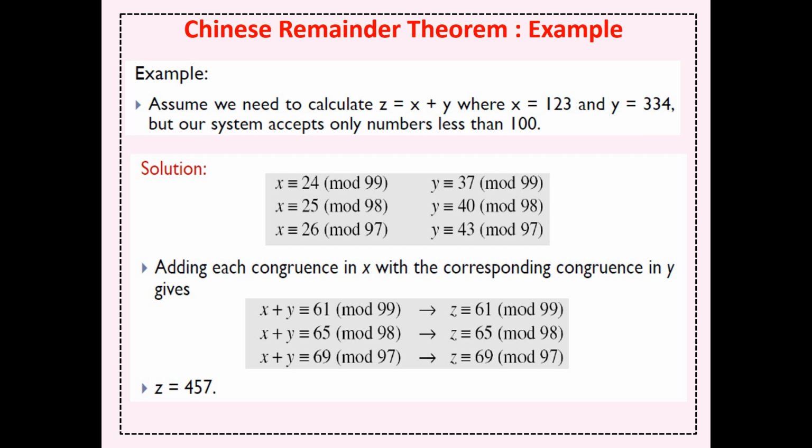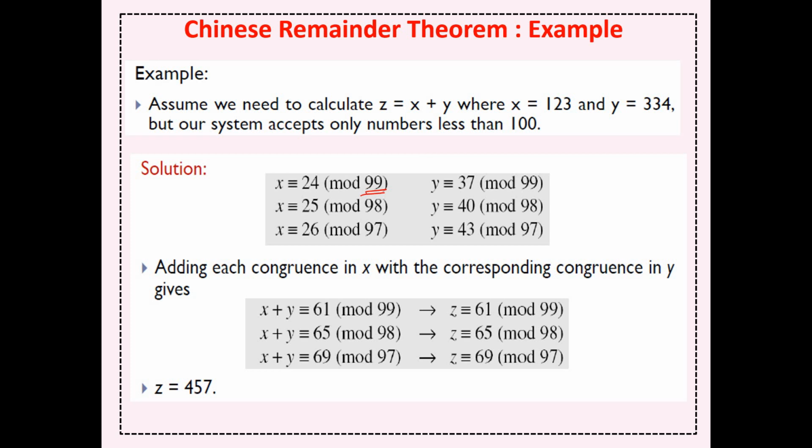For x equal to 123, if you observe that the system only accepts numbers less than 100, they have kept the mod as 99, because that's the maximum you can reach. The system accepts till 100, so 99 is what they have reached.